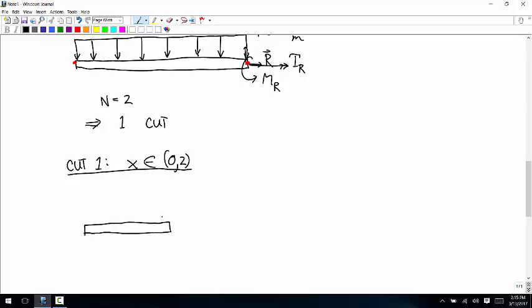So here's the piece we're isolating, and here's the piece that we're not isolating. There's all this stuff going on over here, but the part we care about is what's happening to our isolated piece.